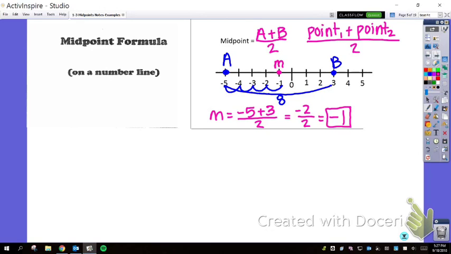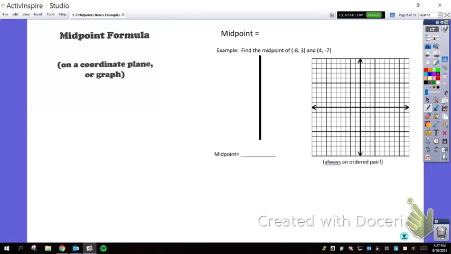On the bottom half of that, we have midpoint on a coordinate plane. Now when we have midpoint on a coordinate plane, we have x values and we have y values, which means our midpoint formula has to have two pieces. Our first part, we have to have x1 plus x2 divided by 2. And then our second part, we have to address the y's. So we're going to have y1 plus y2 divided by 2.